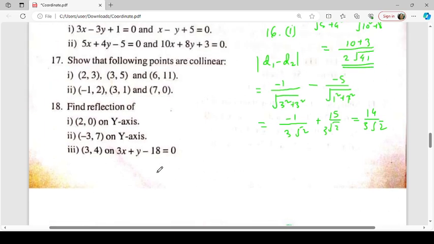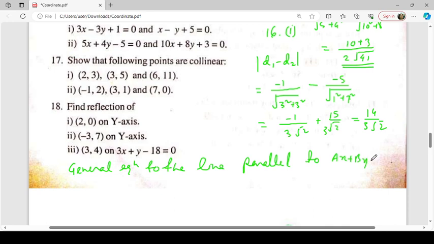Then one thing we need to learn is the general equation of the line parallel to ax plus by plus c equal to 0, which is ax plus by plus c dash equal to 0. The coefficients will be the same, only the constant term will differ. This you should know.